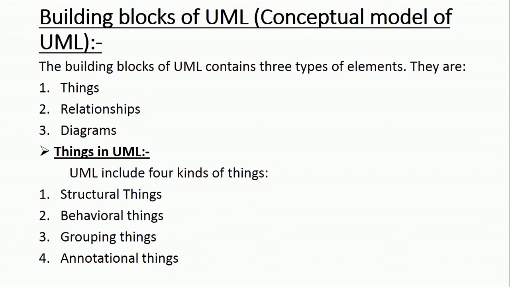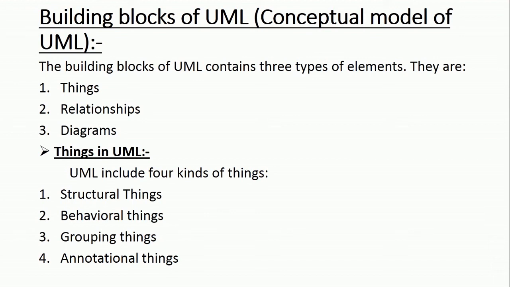The building blocks of UML contain three types of elements: things, relationship, and diagrams.